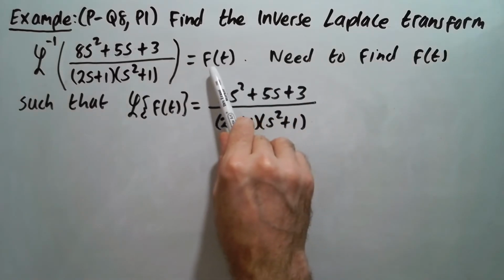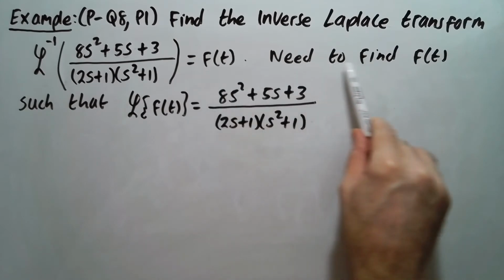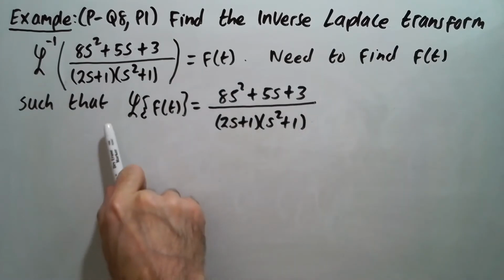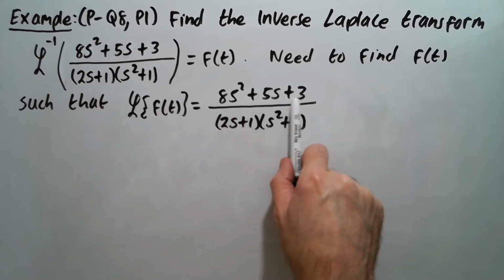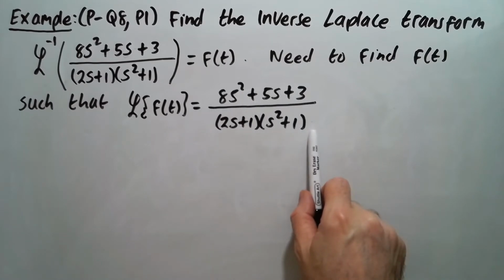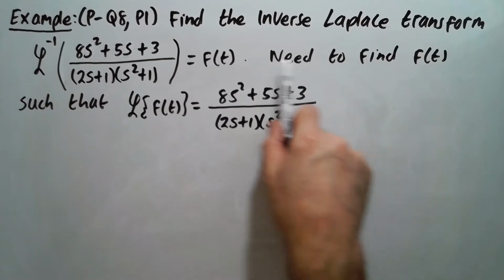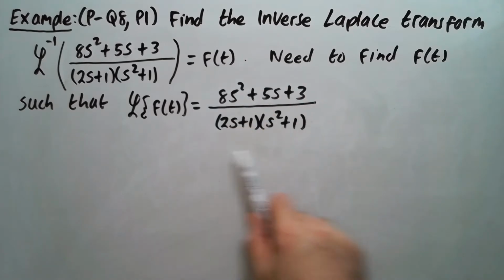Calling this guy f, we need to find some f of t such that the Laplace transform of f of t equals 8s squared plus 5s plus 3 over this. Okay, in order to do this, we're going to first look at the partial fraction decomposition of this guy here. So let's do that.